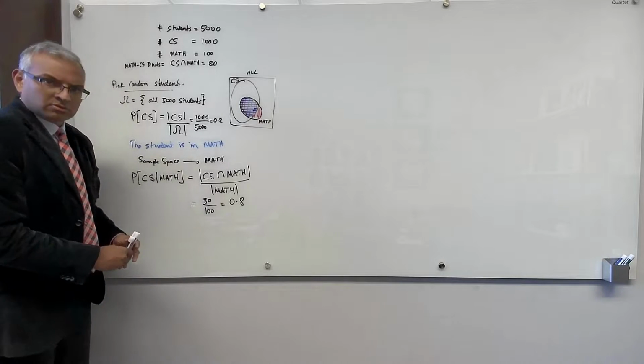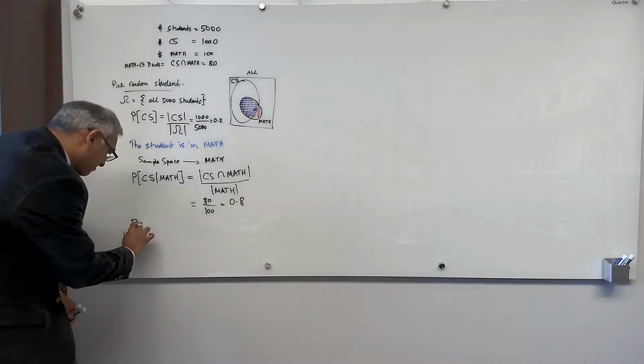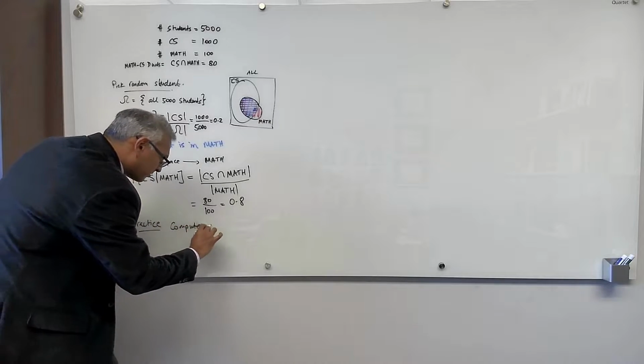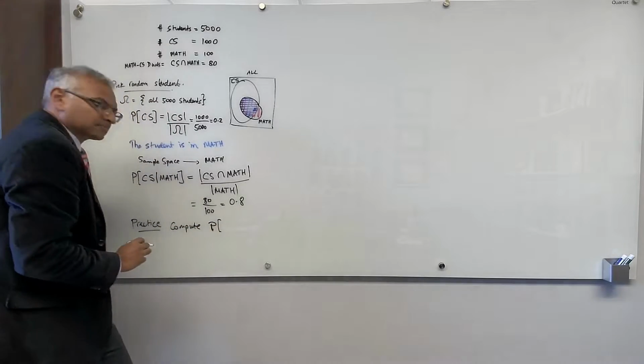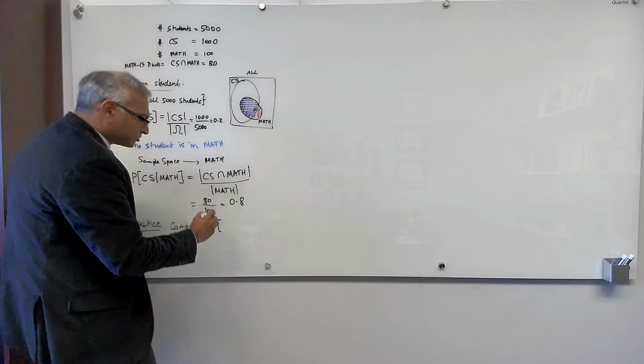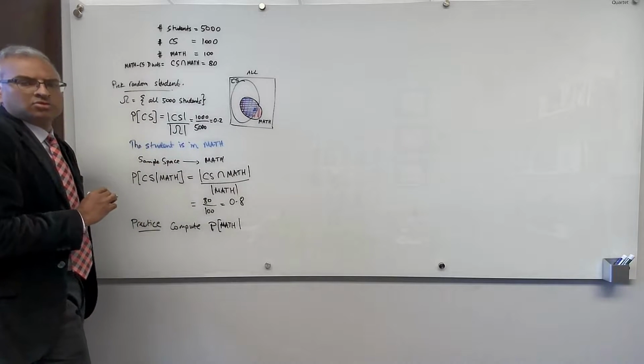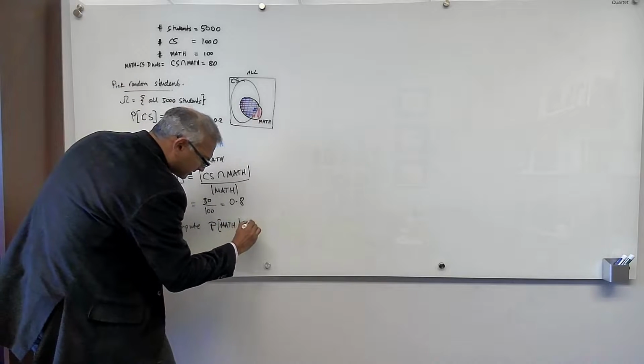Now, practice. Compute the probability that a random student is a math major if you are told the additional information that they're in CS.